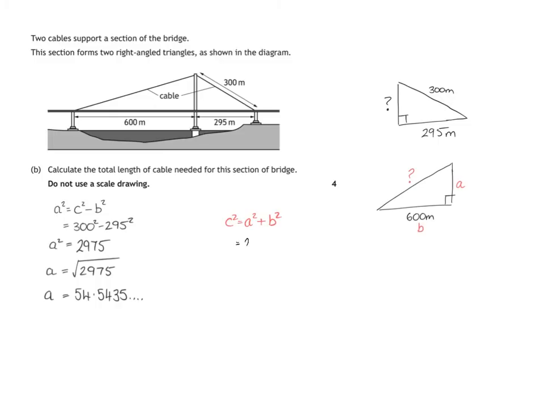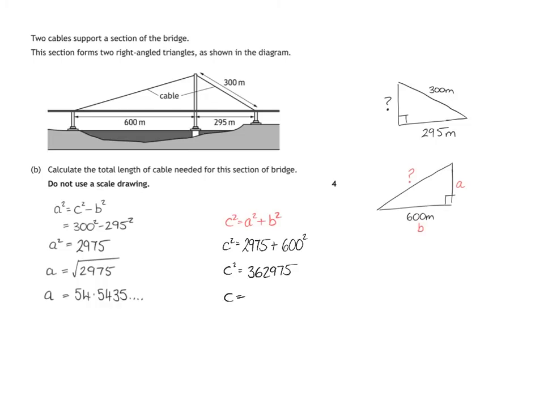But we can put it in, so we can put in our 2,975 plus my b squared, which is going to be 600 squared. So c squared is 2,975 plus my 600 squared. So it gives me c squared is equal to 362,975.